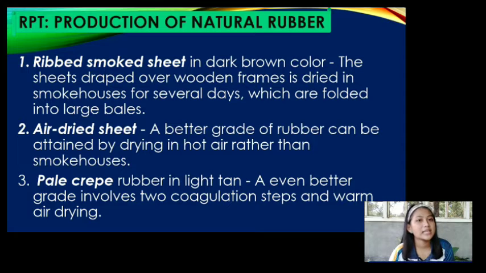Then the second one is the air-dried sheet, a better grade of rubber, which can be attained by drying in hot air rather than smokehouses. And lastly is the pale crepe, a rubber in light tan color, which means even better grades, involving two coagulation steps and air drying.